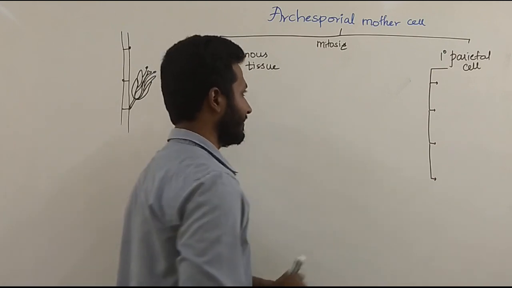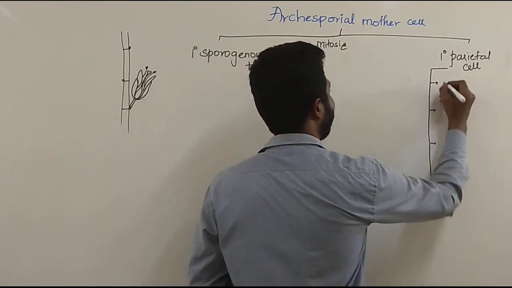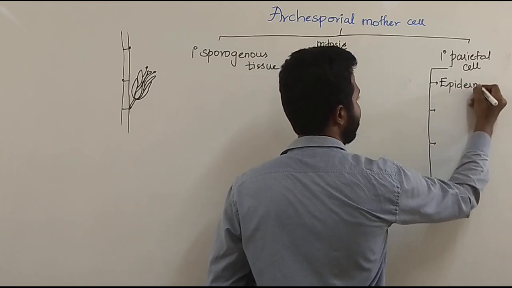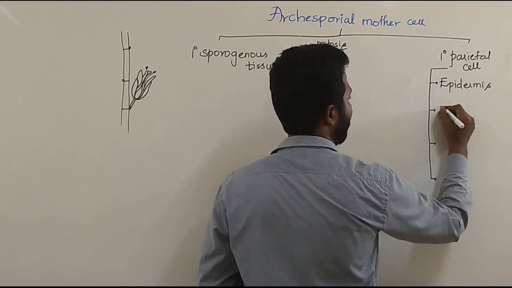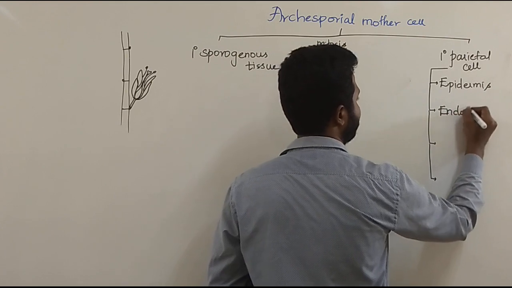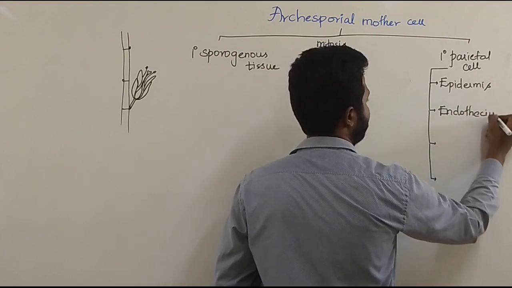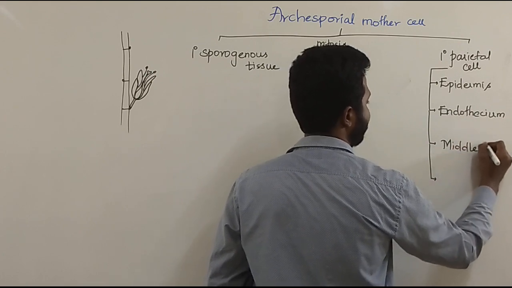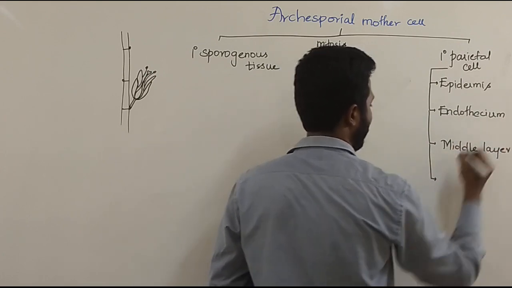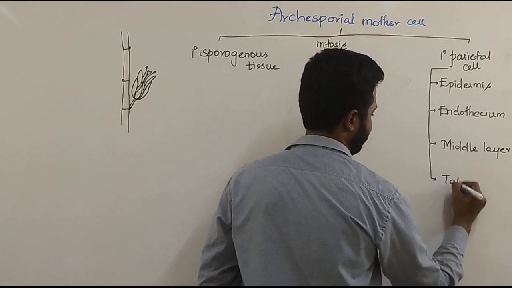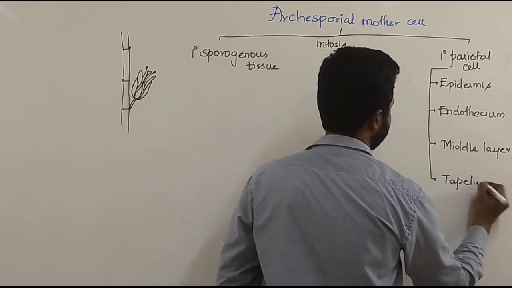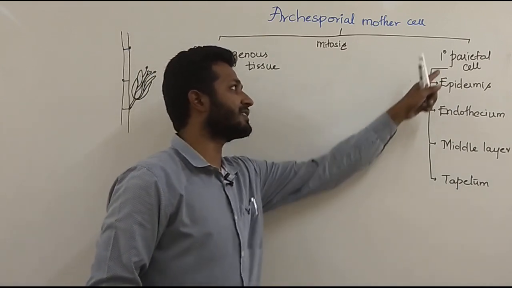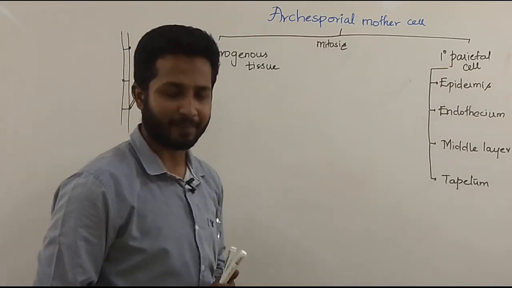If I'm not wrong, the outermost layer is known as epidermis. Then you have endothecium. Then you have the middle layer. Followed by this, you have tapetum. So the 4 wall layers of anther originate from which cell? It is known as the primary parietal cell.